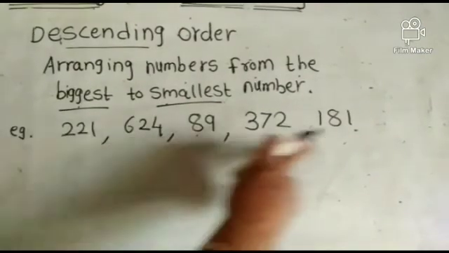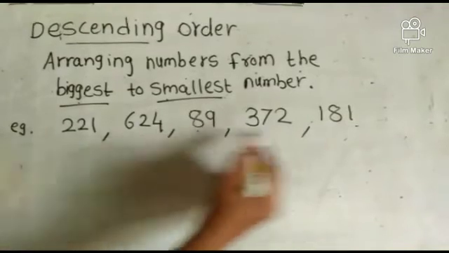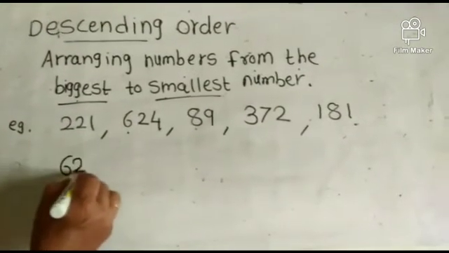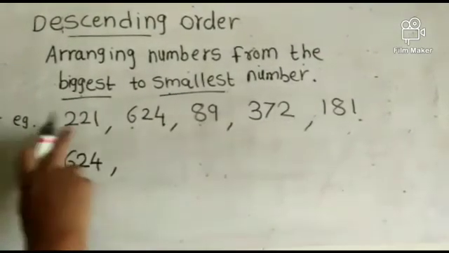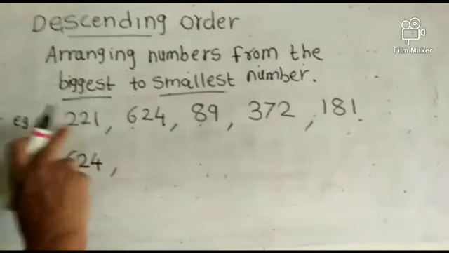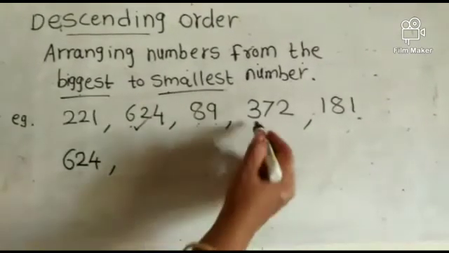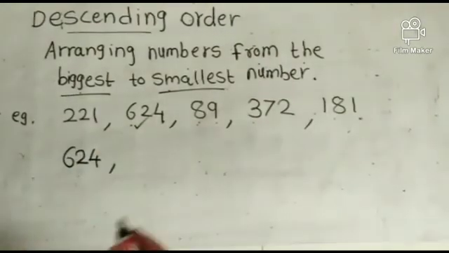Now we have to search first biggest number. Here this is the biggest number, 624. Now then this is 221. Here is 89. Here is 372 and here is 181.